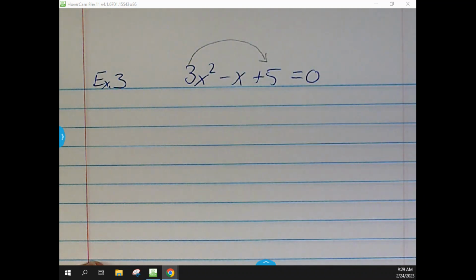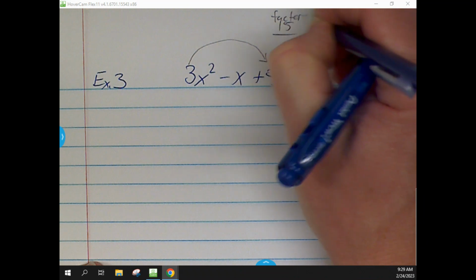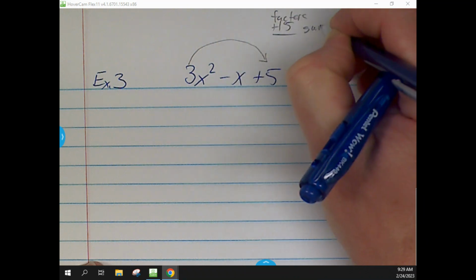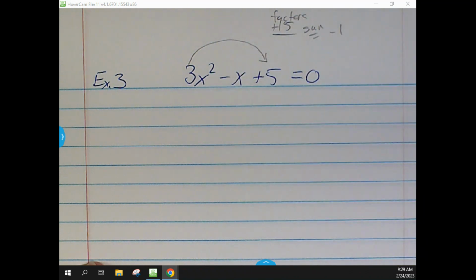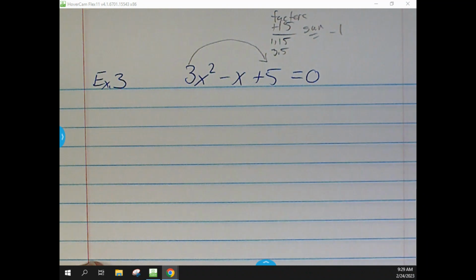What if I do 3 times 5 and I get 15? Are there any factors of 15 where the sum is going to equal negative 1? 1 and 15 is not going to work. 3 and 5 is not going to work, right? So none of that's going to work. So factoring is not going to work.